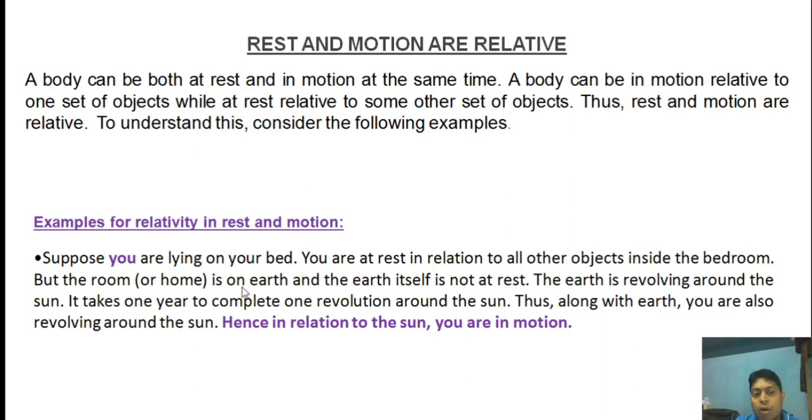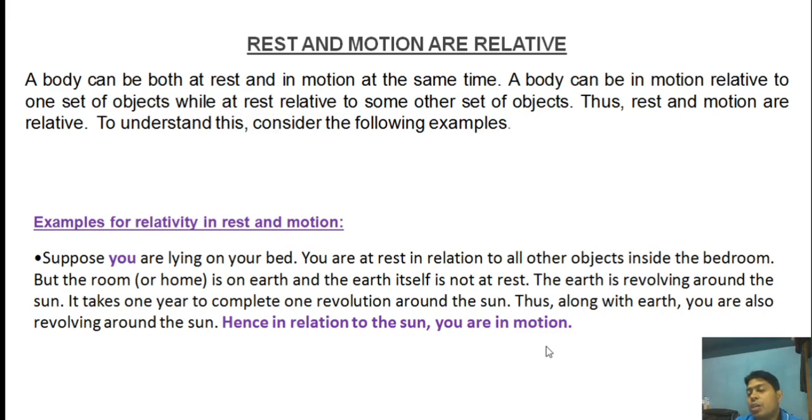But the room or home is on the earth, and the earth itself is not at rest. The earth is revolving around the sun. So along with the earth you are also revolving around the sun. Hence, in relation to the sun you are in motion.